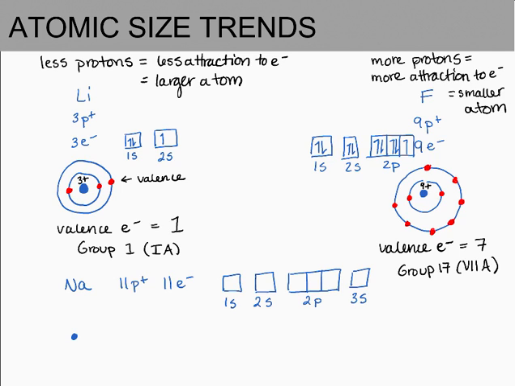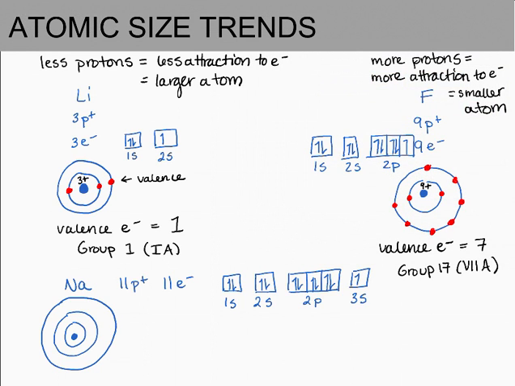Okay, so let's fill in the electrons. So we'll put 2 in the 1s orbital, 2 in the 2s, and then 1, 2, 3, 4, 5, 6 in the 2p orbitals. So we have 10 electrons there, and we have 1 left, which will go in the 3s orbital. So this tells us we have 3 energy levels in a sodium atom.